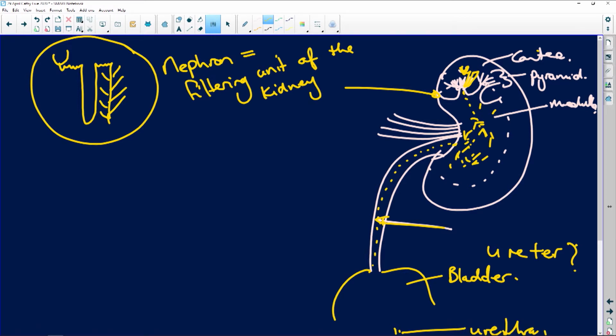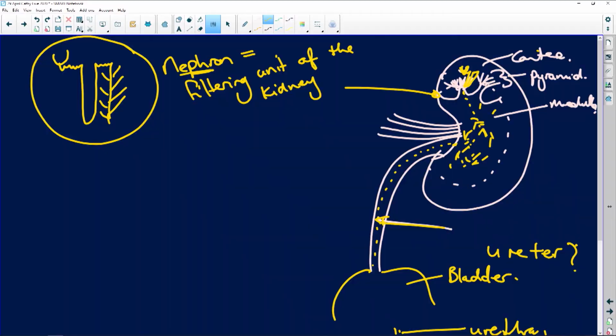All right, cool. Now, we have to look at the Malpighian body. Remember, the nephron's job is ultrafiltration, ultra reabsorption. Why reabsorption?